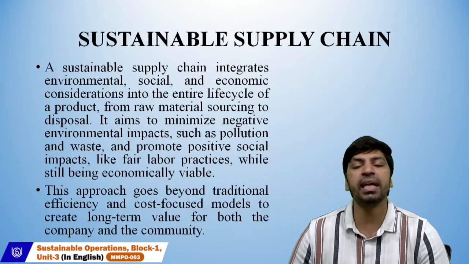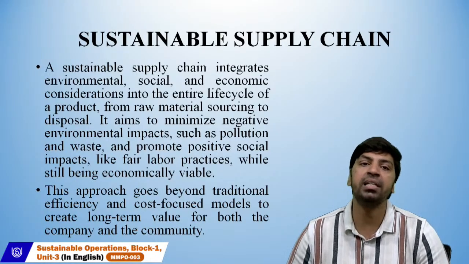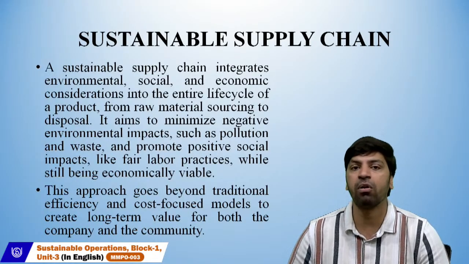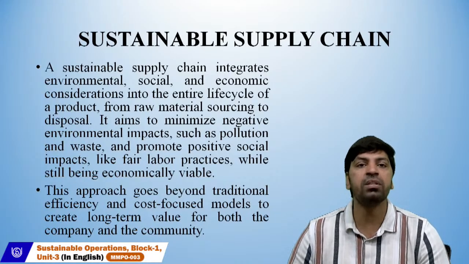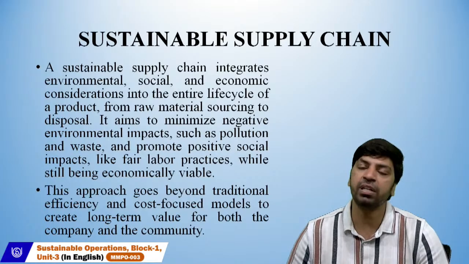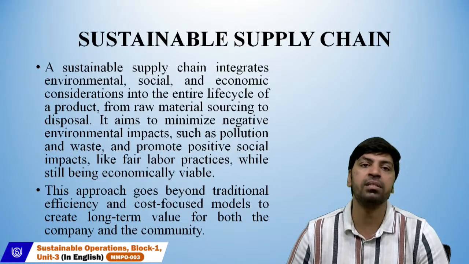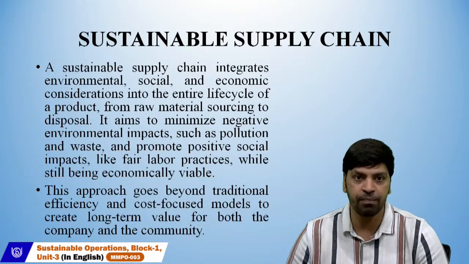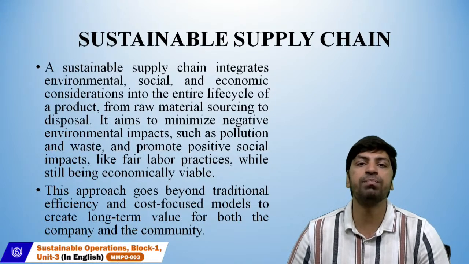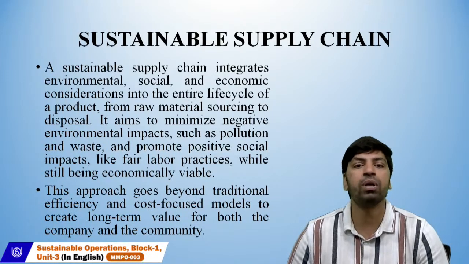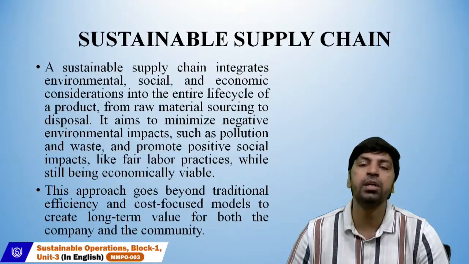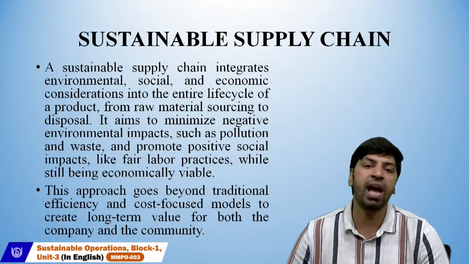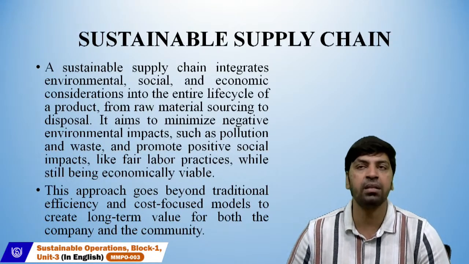It aims to minimize the negative environmental impact like pollution and waste, and promote positive social impact like fair trade and fair labor practices, while still being economically stable. This approach goes beyond traditional efficiency and cost models to create long-term value for both company and community.